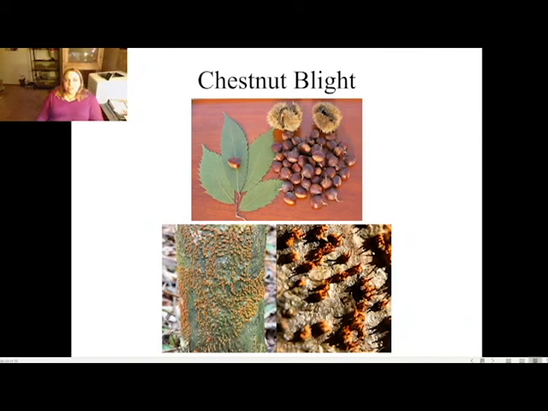Then they set out to introduce a hypovirus to the chestnut blight fungus, and they found the trees infected with the virus responded immediately and actually began to heal. The problem was that this virus was so efficient at getting rid of all signs of the fungus that it was never transported from tree to tree. It wasn't able to be transferred.